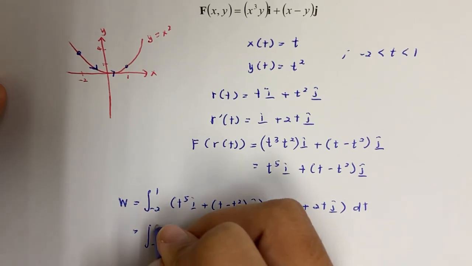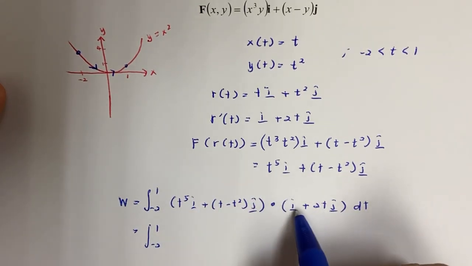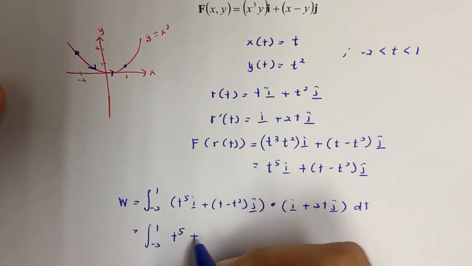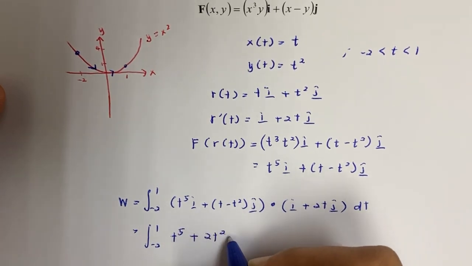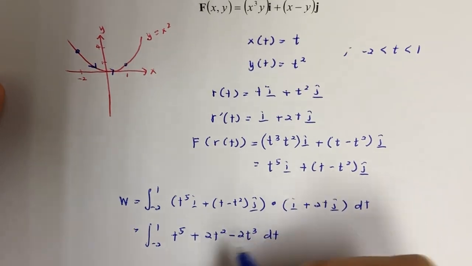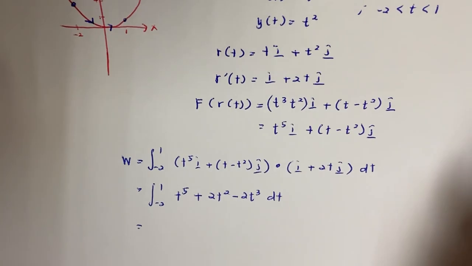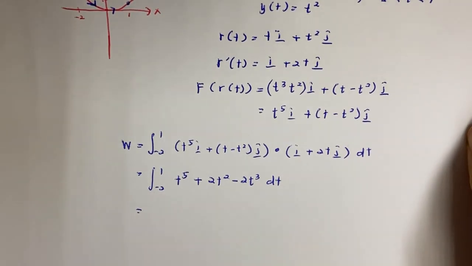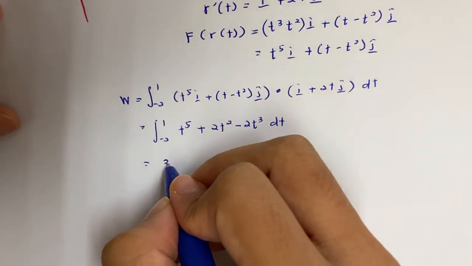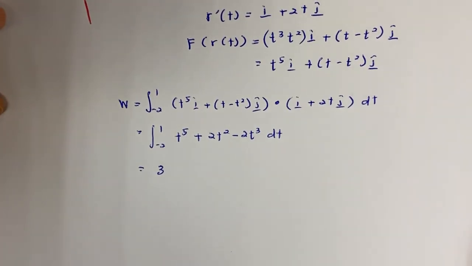So from -2 to 1, t to the power of 5 plus 2t squared minus 2t cubed dt. So proceed with the integration, and the answer you should get is 3. The work is equal to 3.